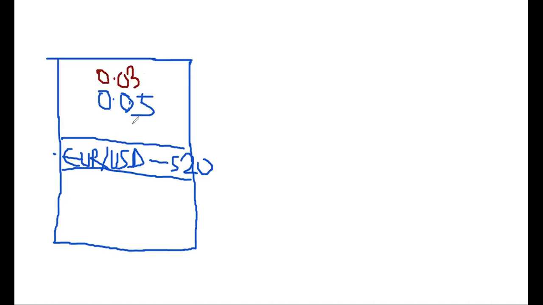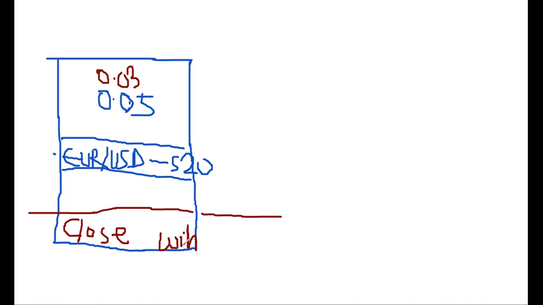Once this is reduced to 0.03, at the bottom here, you see something like close with profit, $12. Once you close these $12, I can assure you that these $12 will be registered in your profit margin. So since this is registered in your profit margin, you'll be left with 0.02.